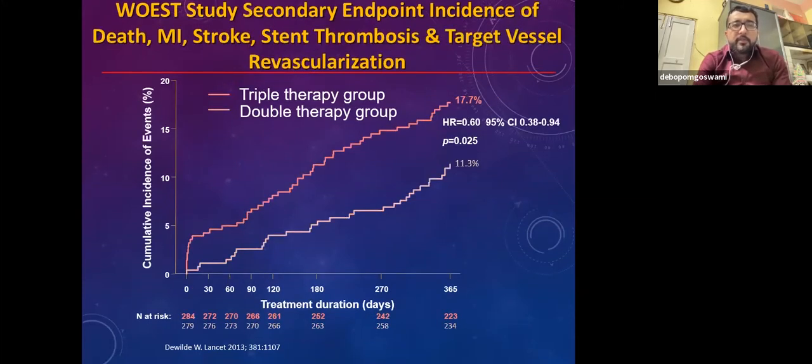But what was interesting was that for the secondary endpoint, incidence of death, MI, stroke, stent thrombosis, and target vessel revascularization, there was no increase. So the bleeding risk was definitely reduced, and definitely there was no signal of increased thrombotic risk when we leave the aspirin part out of the triple therapy group. Next slide.